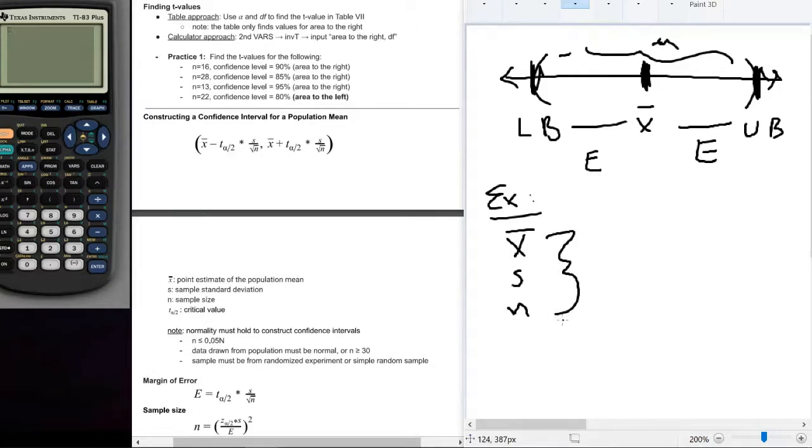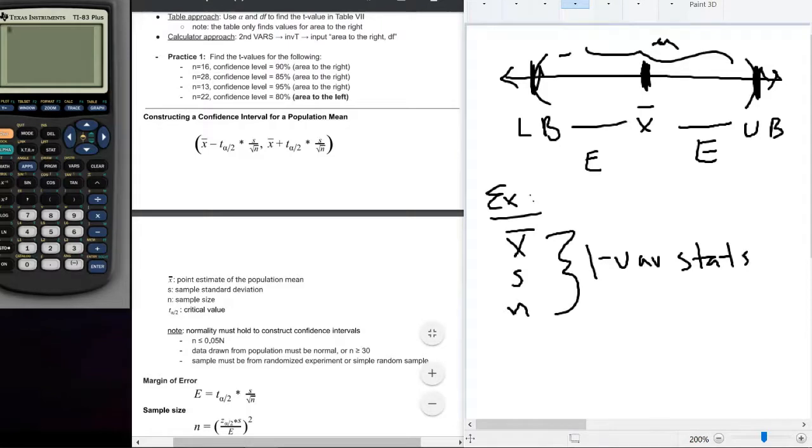The way we can find this is by using 1-Var Stats. Sometimes the problem will give you these 3 variables, but if they give you data instead, you can find these 3 values by doing 1-Var Stats. So let's go ahead and take a look. We'll go to stat, calc, 1-Var Stats, and we'll run 1-Var Stats on L1.